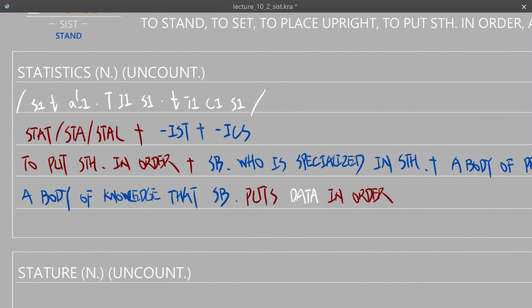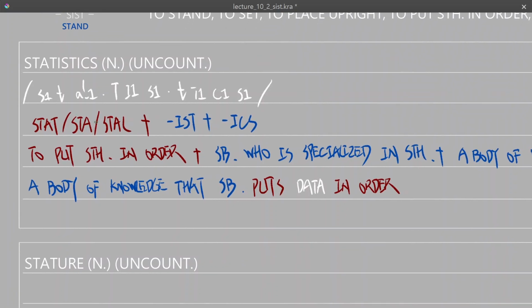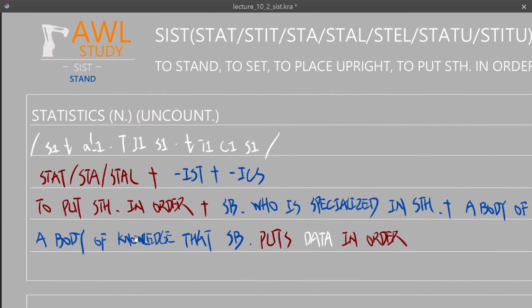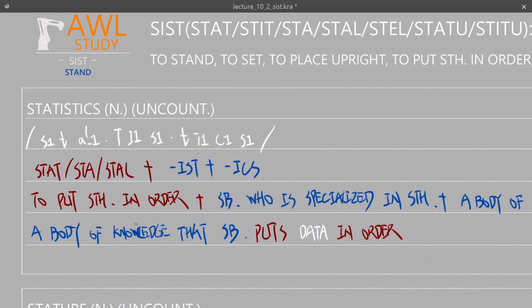Oh, statistics meaning body of knowledge that somebody puts data in order. Yes, isn't that simple? Quite simple, isn't it? Alright, so let's take a break.